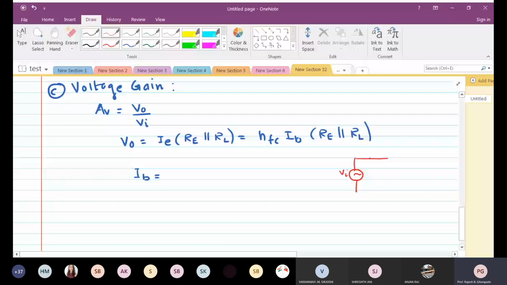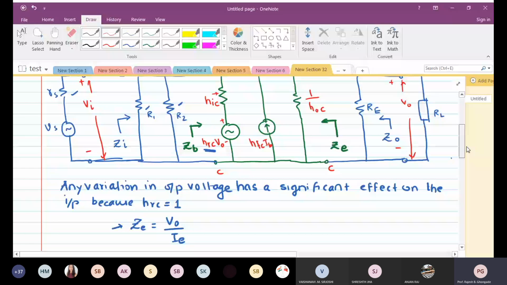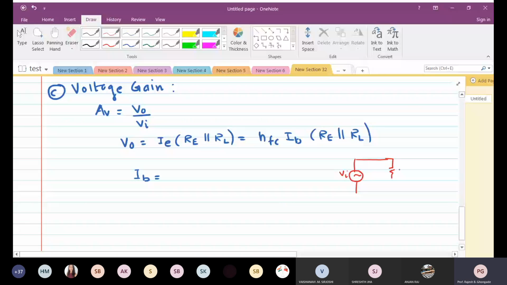We are talking about Vi and not Vs. As if you are having this HIC, and here you are having another voltage source VO, and this is how the base current flows. So how can I write this equation? Can I write it as Vi minus Vo divided by HIC? Can I write it like this?